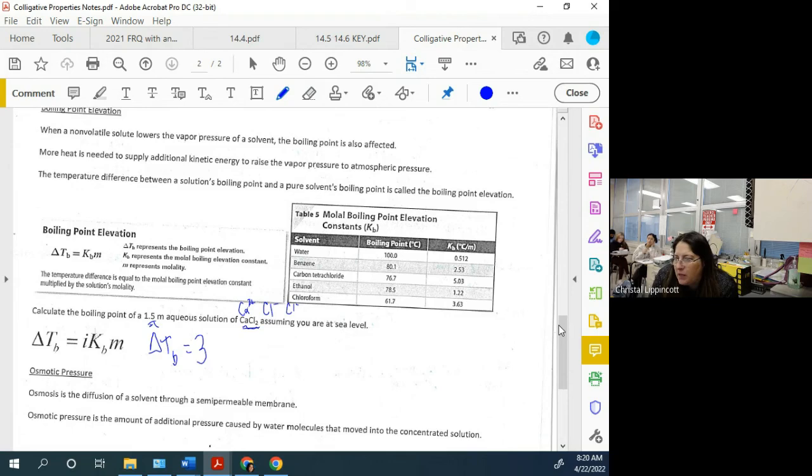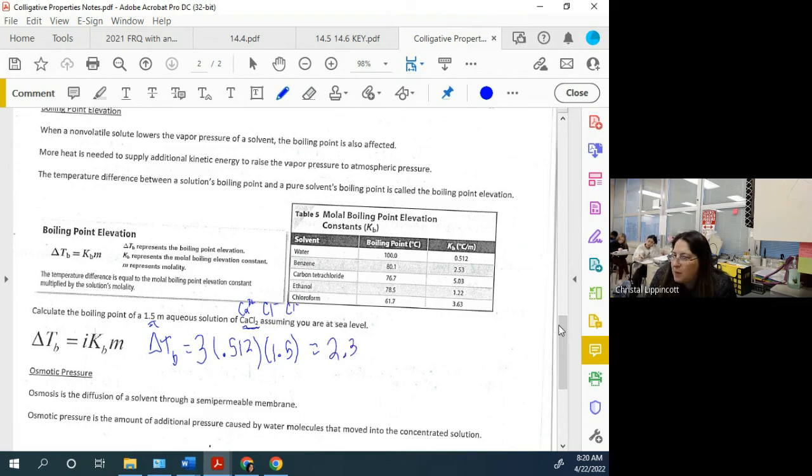My Kb, I'm going to find water up here. That is 0.512. And then my molality, which they already gave us, so we didn't have to calculate that. So 3 times 0.512 times 1.5 is going to be 2.3 degrees change.